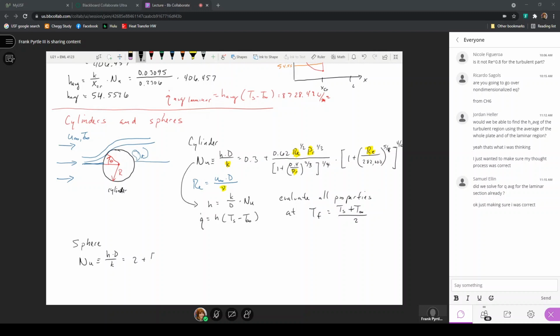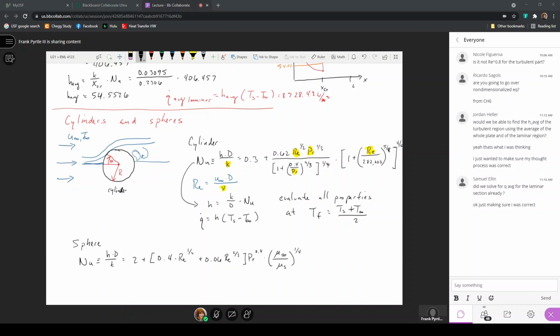It's 2 plus 0.4 times the Reynolds number raised to the 1/2 plus 0.06 times the Reynolds number raised to the 2/3 times the Prandtl number raised to the 0.4 times a ratio of the dynamic viscosity evaluated at the free stream temperature divided by the dynamic viscosity evaluated at the surface temperature raised to the 1/4 power.